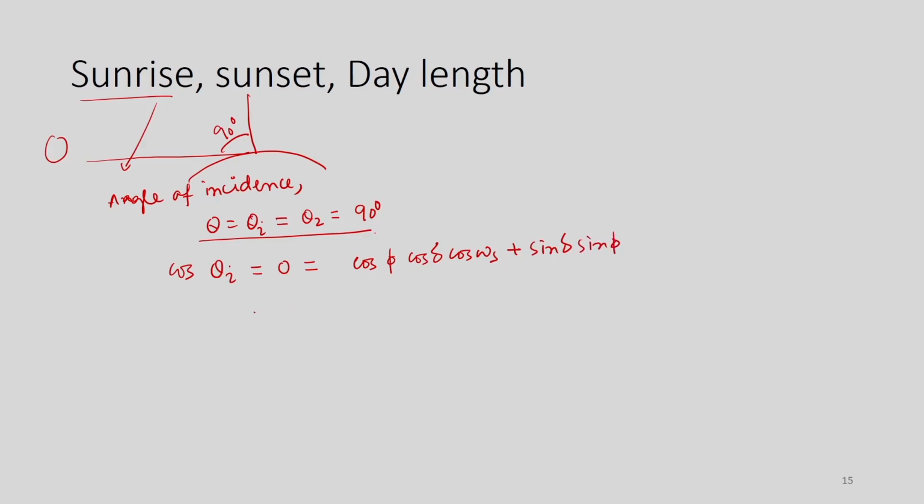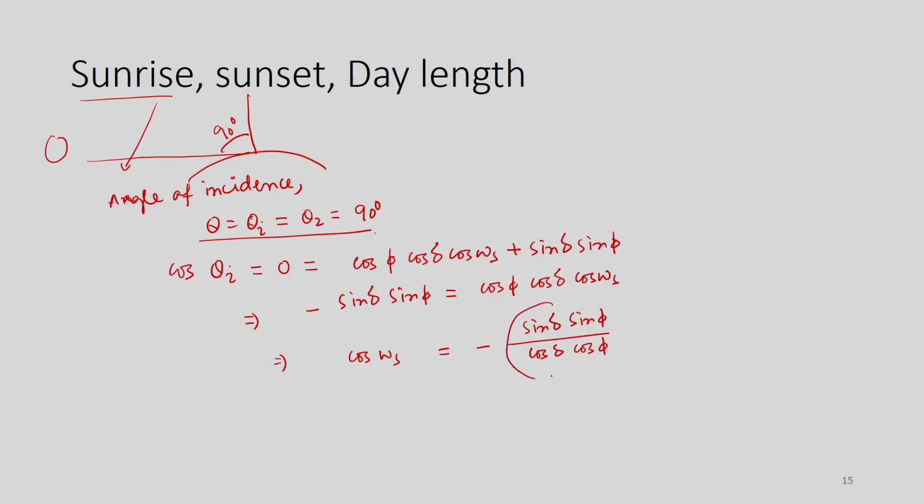How can we simplify this now? You can take sine delta sine phi to this side, and keep cos phi, cos delta, cos omega s on the other side. We want cos of omega s, which will be minus sine delta sine phi, divided by cos delta and cos phi.